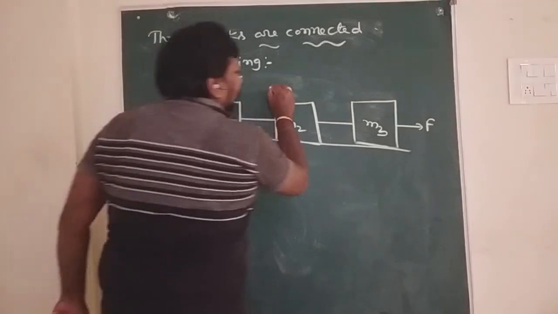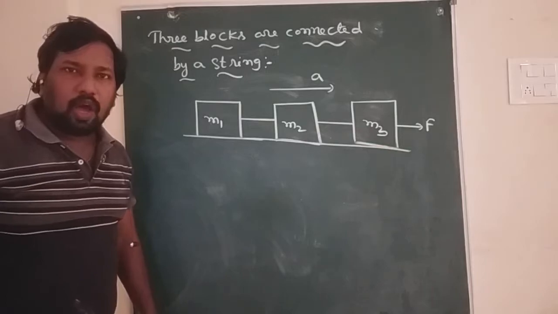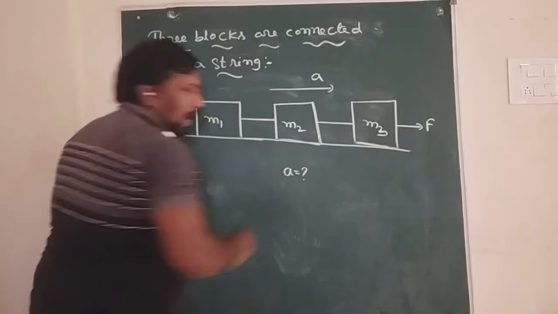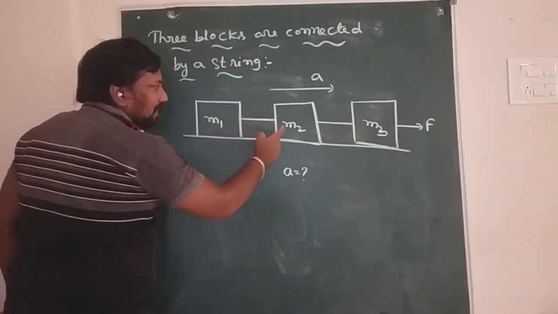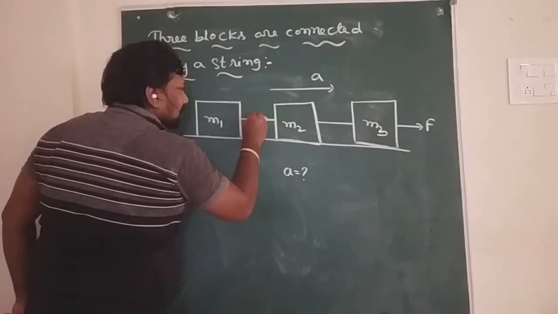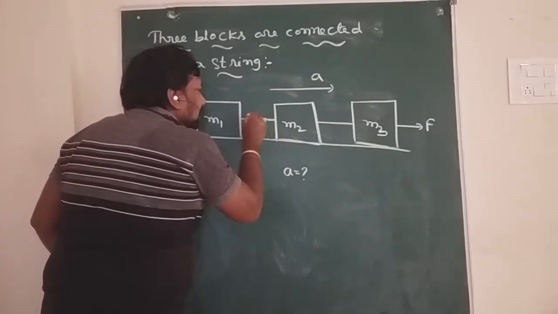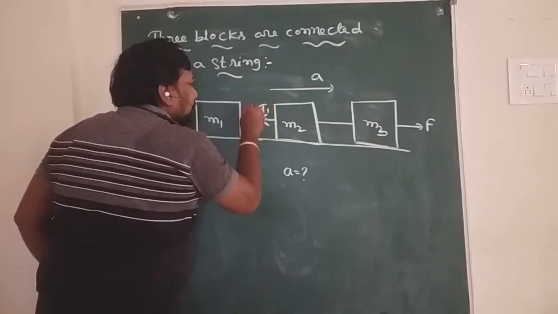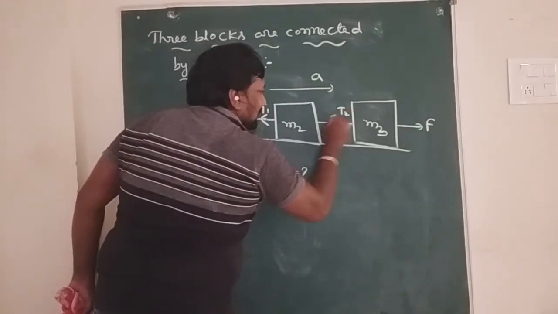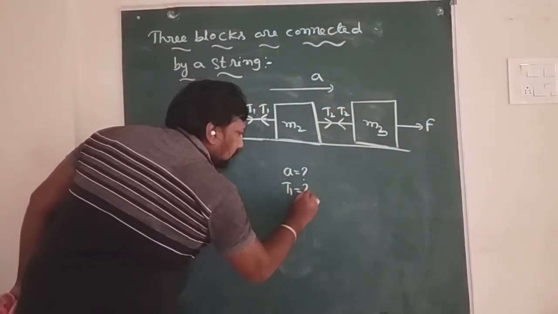The acceleration of the system is in the direction of the force. Now we can find out the acceleration of the system and the tensions. The tension between M1 and M2 block is T1. The tension between M2 and M3 block is T2. Now we can find out T1 and T2.